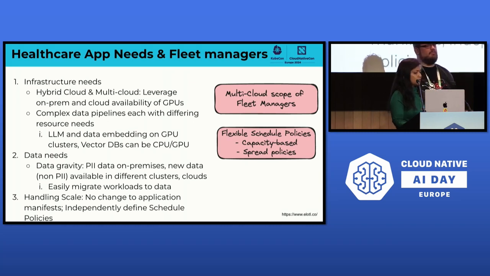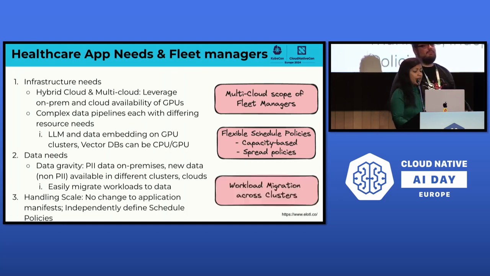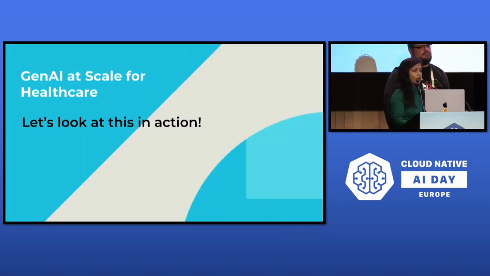Users can independently define schedule policies as part of the platform engineering team's roles. And most importantly, the ability to lift and shift your applications is made possible through workload migration policies within a fleet manager. Okay, so now let's look at a working example of the healthcare app.